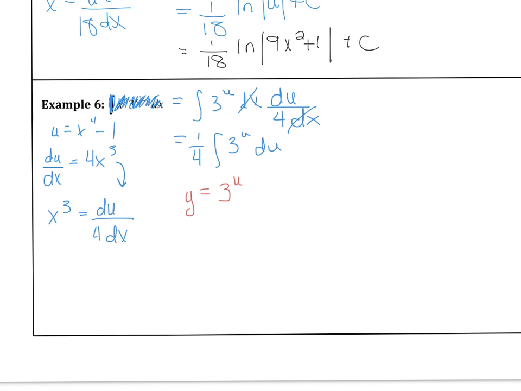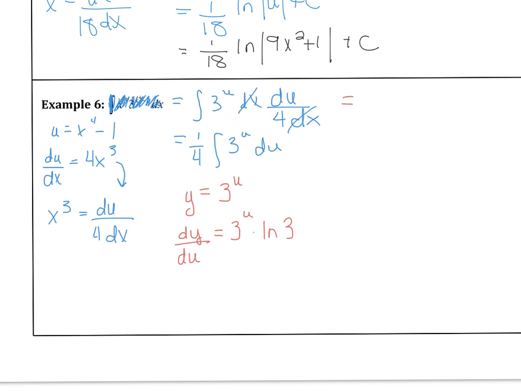Now let's go get dy du. What's the derivative of 3 to the u with respect to u? Well, if you remember, the derivative of any exponential is itself times the natural log of your base. Fantastic. So we're going to now continue rewriting using this second level u sub, which is actually a y sub here.